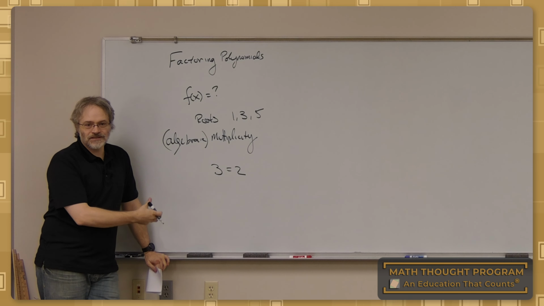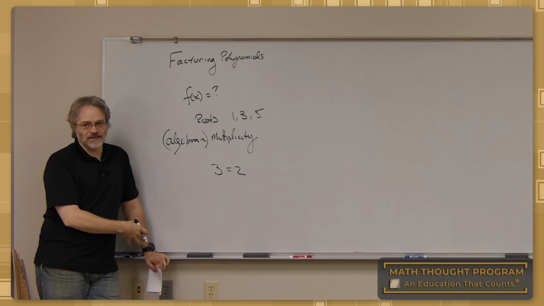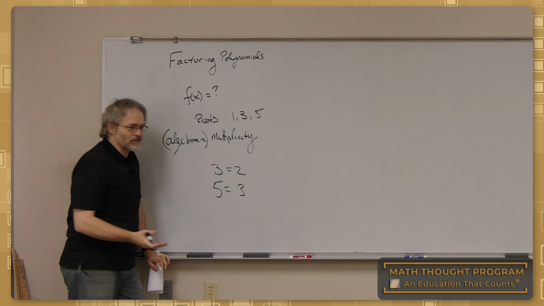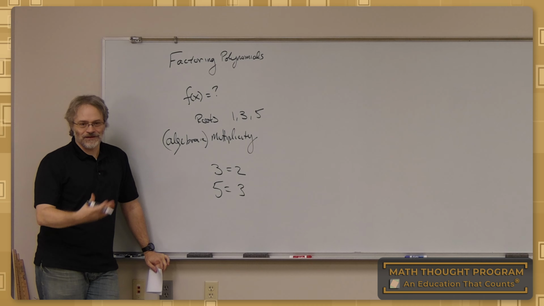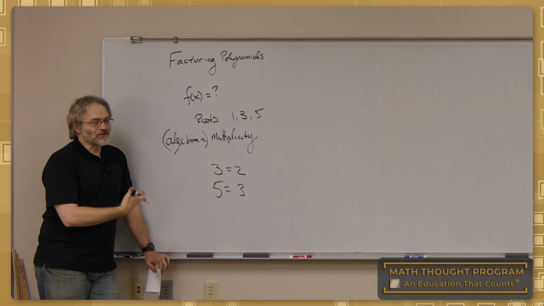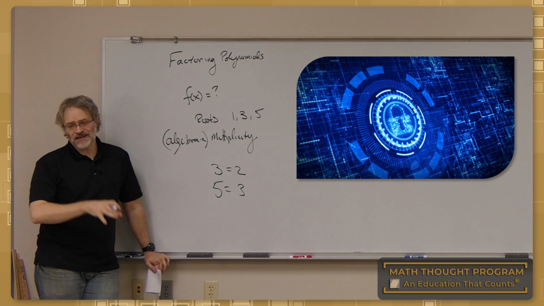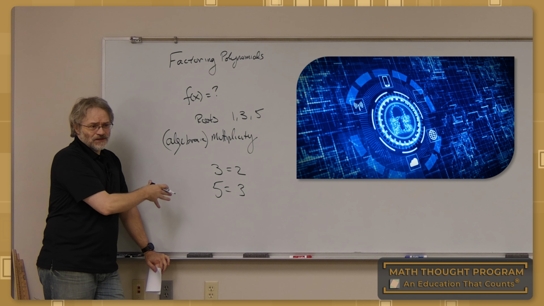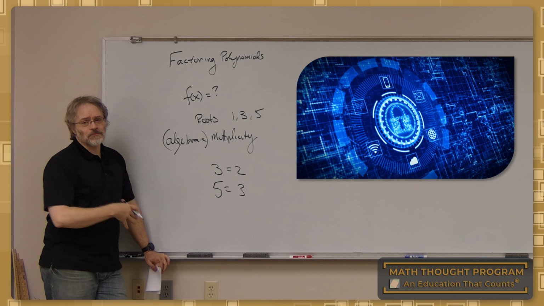That's nonsensical. That's ridiculous. That doesn't make any sense. And if you say the multiplicity of 5 is 3, okay, we're just making things up, it seems like now. So to safeguard ourselves, to make sure we don't make this mistake, because guys, it is a very common mistake. I see it all the time. I know what students are trying to say when they say this, but they're not saying it properly.